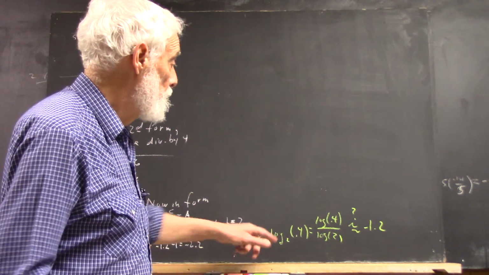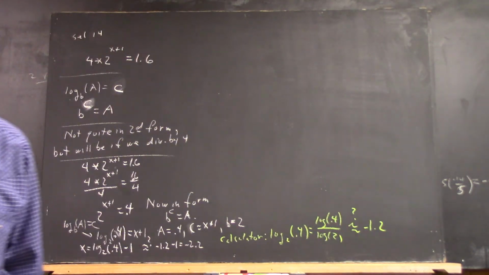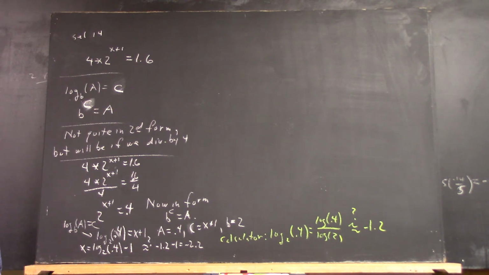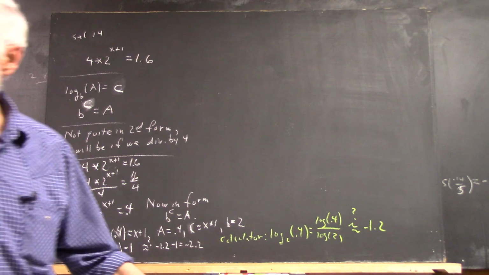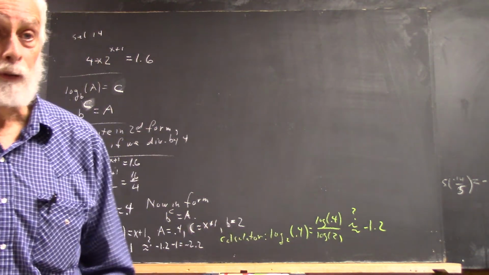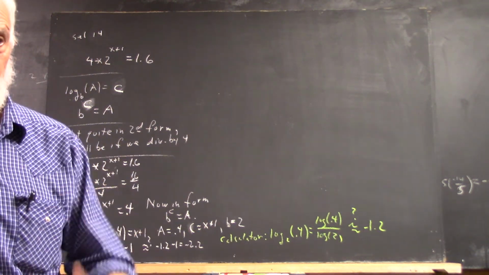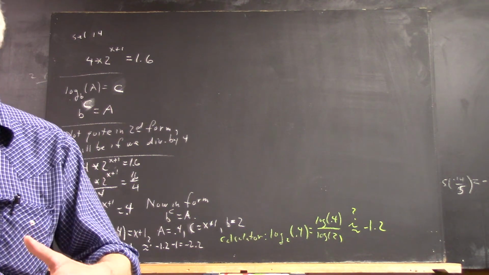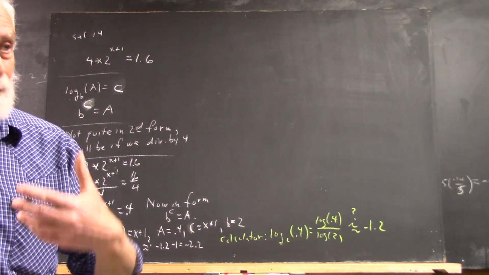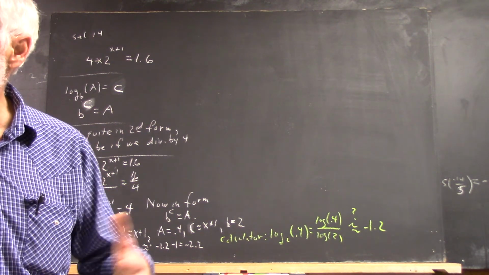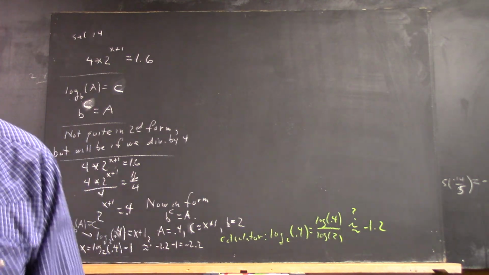And make sure that what your calculator gives you is consistent with your estimate. Doesn't mean it has to be exactly the same. It's got to be kind of close, or either your estimate or your use of the calculator has an error in it. So that's how you reconcile errors. So I recommend you do that.